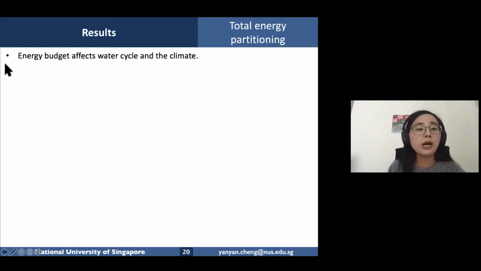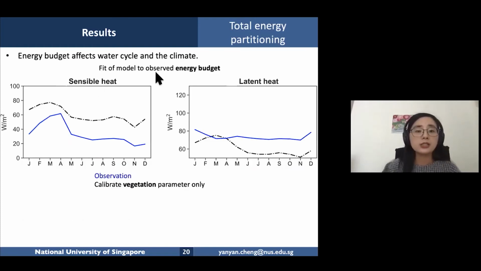And also, as I mentioned earlier, the energy budget affects the water cycle and will feed back to the climate. Here is the fit of the model to the observed energy budget, with sensible heat on the left and latent heat on the right. The blue color is the observation, and the black color is where we only calibrate the vegetation parameters.